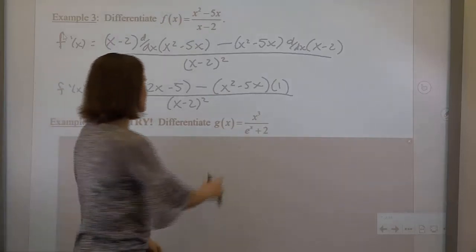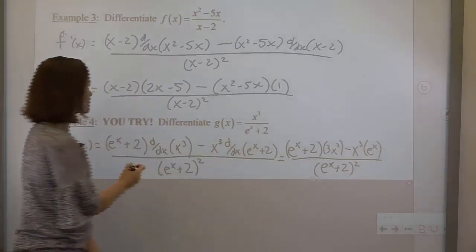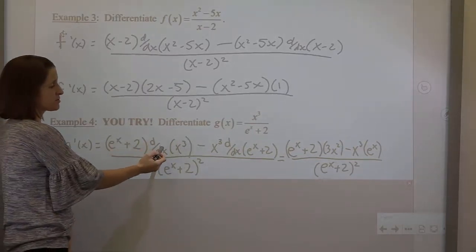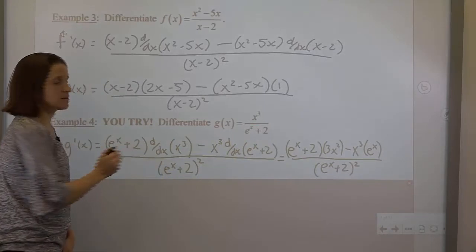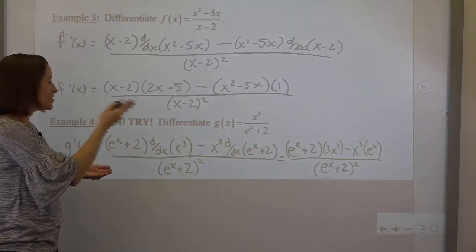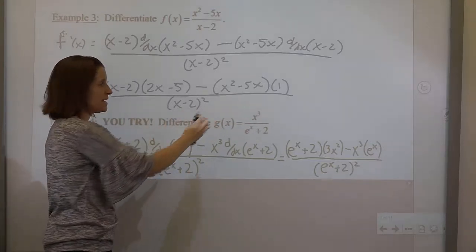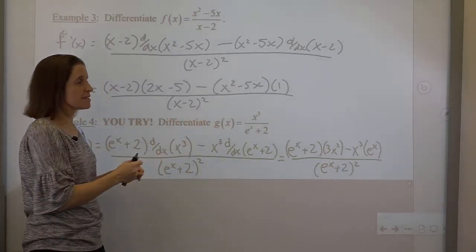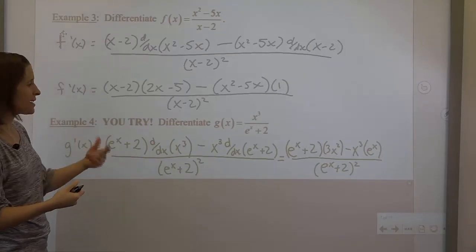Okay, I hope you gave that a try. And our first step, we should have bottom times derivative of the top minus top times derivative of the bottom all over bottom squared. And you're just writing that and saying, okay, d dx, and then just copying and pasting the tops and bottoms into the right places in that chant, in that formula. Then you go back and take the derivatives.